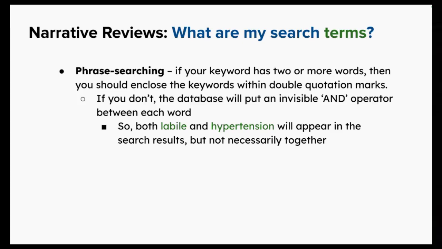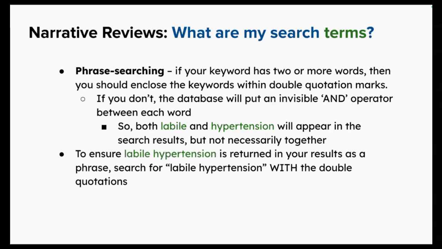And from a researcher point of view, when you have a really common word like hypertension and you don't have double quotations around the precise terms you're looking for, you can imagine the database is going to return many, many more records than you actually want. It's going to return everything on hypertension, which is a ton of research. So when you have those really common words in a phrase and you forget to include those double quotations, you're going to notice pretty quickly based on the volume of search results coming back to you.